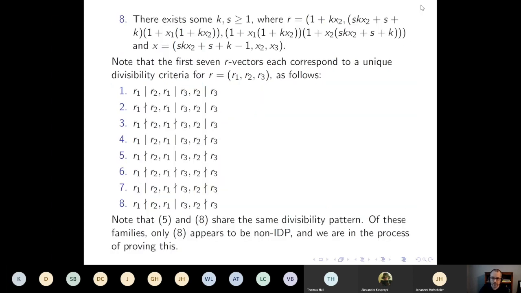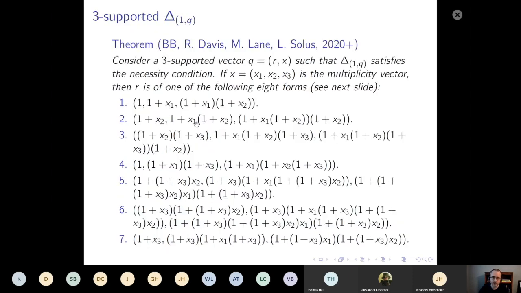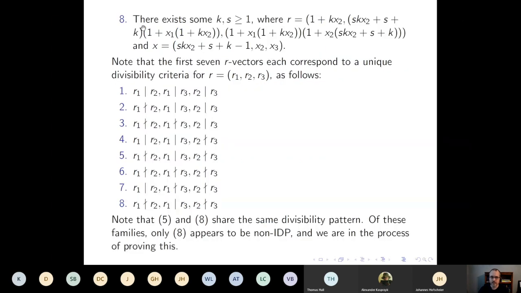The 8th one looks different, right? These previous ones say, you give me the multiplicity, I give you a vector. The 8th one says, there might be some K and S where if you set the distinct entries equal to this thing and set the multiplicity equal to this, then it works out. Okay, it has a different flavor to it.